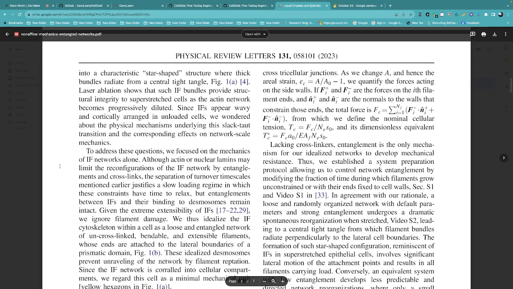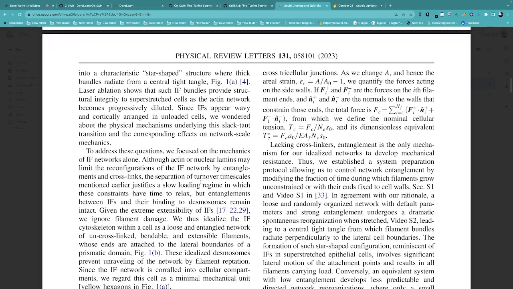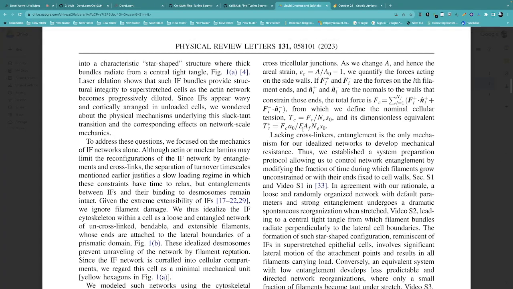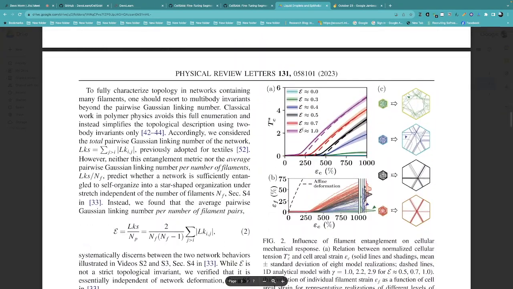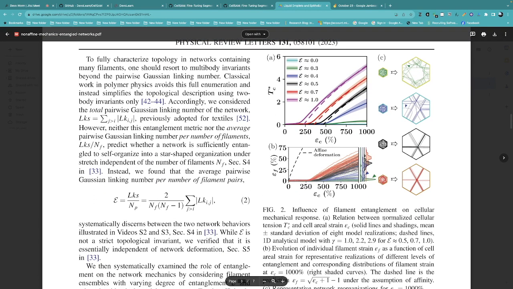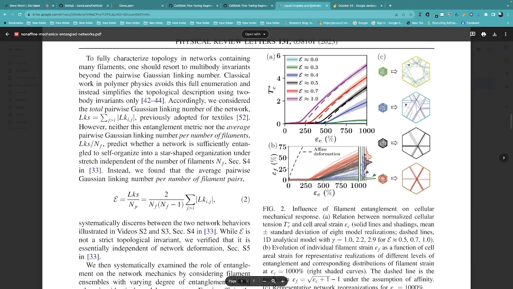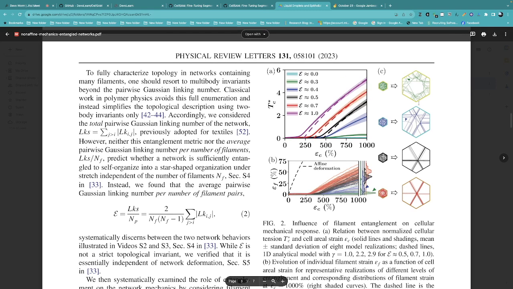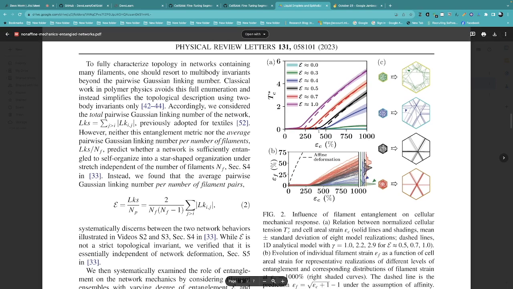So they talked about the mechanics of this IF network alone. They're looking at strain and stress, and then a stress-strain curve. Here is the influence of filament entanglement on cellular mechanical response. We have these different networks and their topology, where they're stretching, and for the green, the blue, the black, and the red, you have these different functions showing TC versus EC.